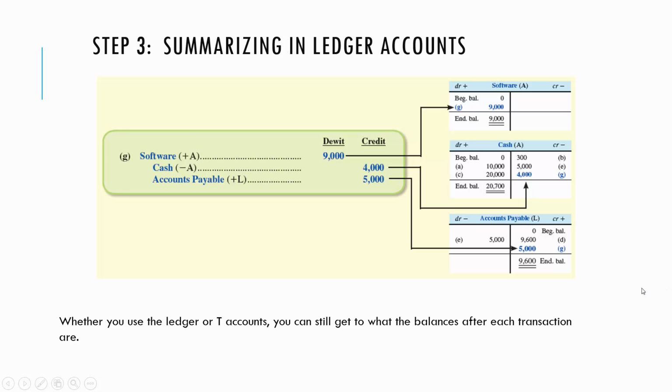Now, if we were to do this in T accounts, which is more helpful to you, when you look at this, you see that in the software we began with 0, we added 9,000, and end up with a 9,000 balance. The cash account is going to be adjusted here.